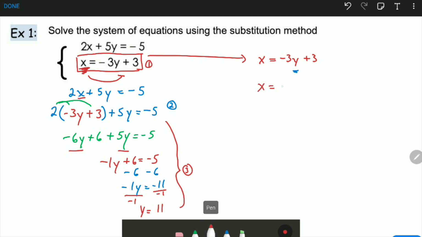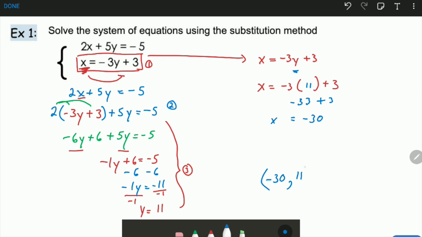So x will equal -3 times 11 plus 3. So we have -33 plus 3, which is -30. So x is -30. If we wanted to write that as an ordered pair, the answer would be -30, 11. This part was the fourth and final step.